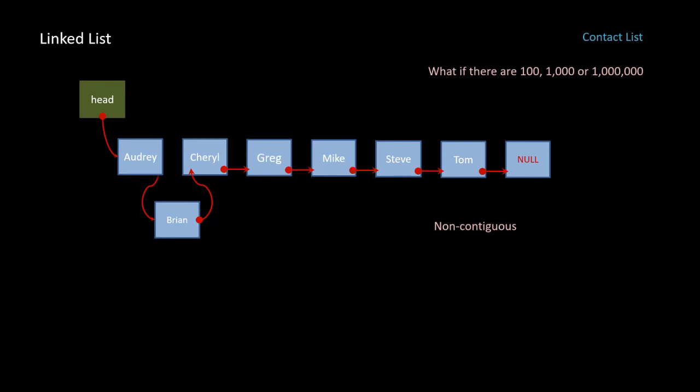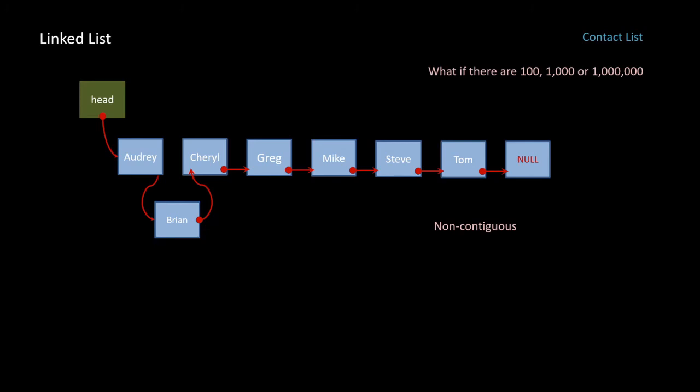If you consider that all the contact list names, like Audrey and Cheryl, are a separate class for holding the data and the pointer, enabling you to add to the list, you've got to actually have a way to start this list as well. So the starting point is where you're going to get into your head node.